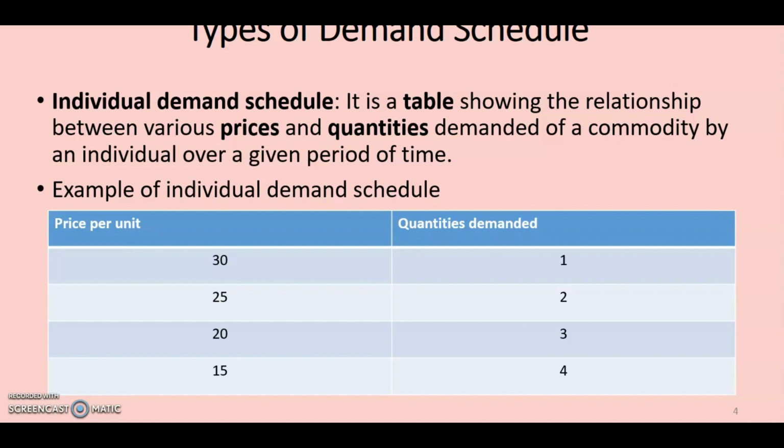So we have here an example of a demand schedule, but this time it is an example of an individual demand schedule. You realize that in the first column we have the various prices, and then in the second column we have quantity demanded. So this is an example of an individual demand schedule.